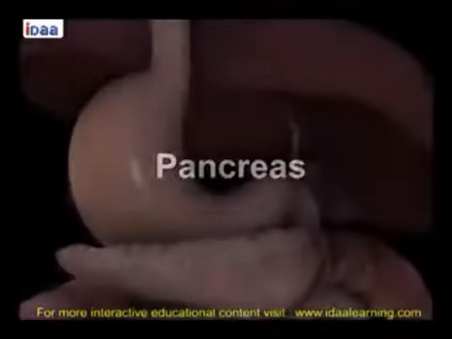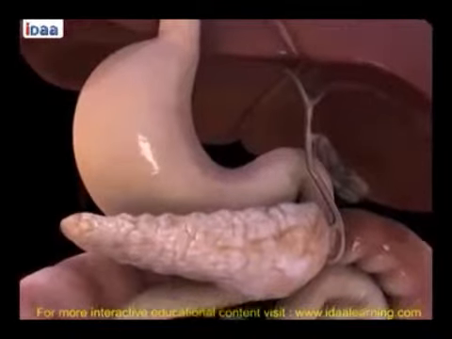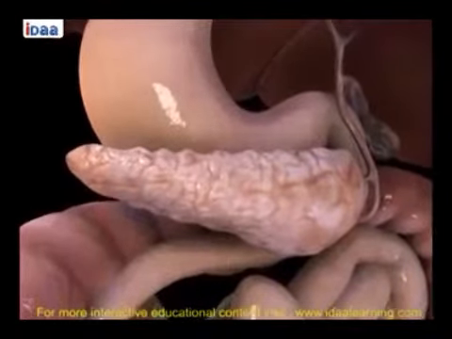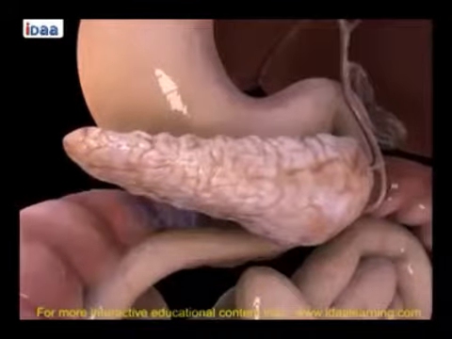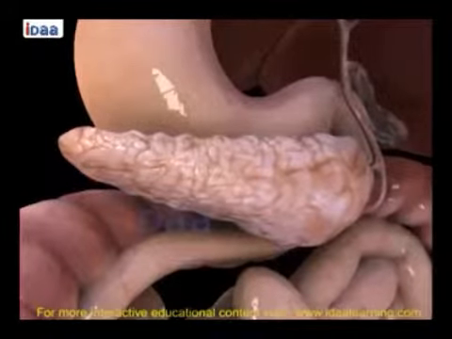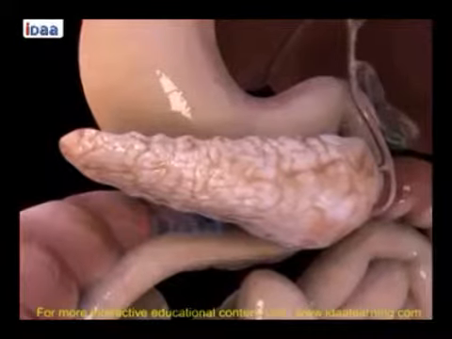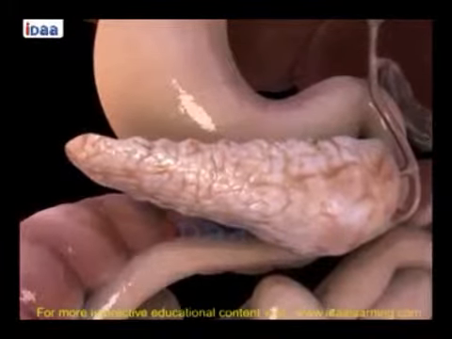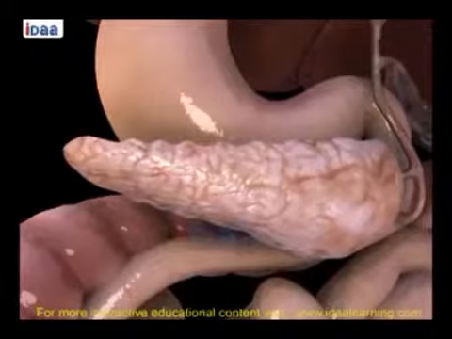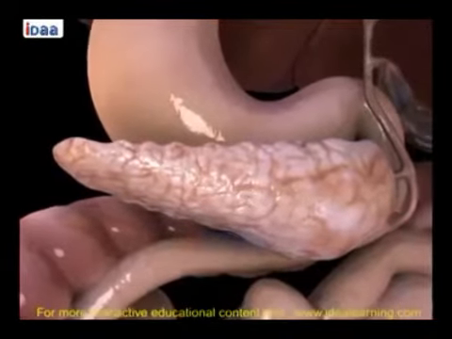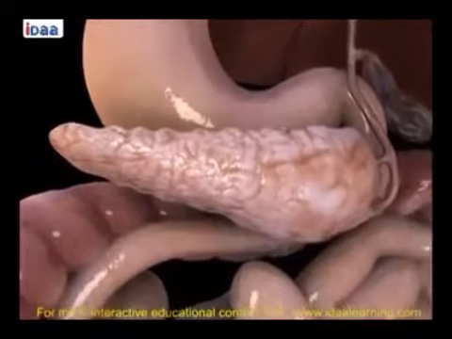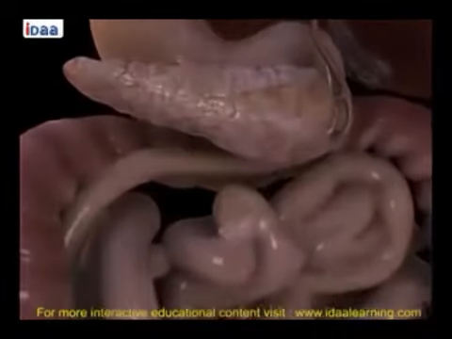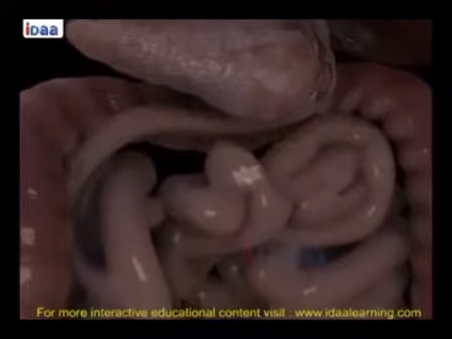Pancreas. The pancreas is a leaf-shaped and cream-colored gland located just below the stomach. It secretes pancreatic juice, which acts on and breaks down carbohydrates, proteins, and fats. After this is completed, the partially digested food reaches the lower part of the small intestine, where intestinal juices act upon the food and complete digestion of any remaining components in food.